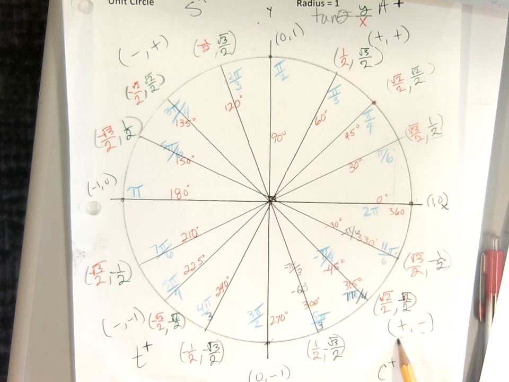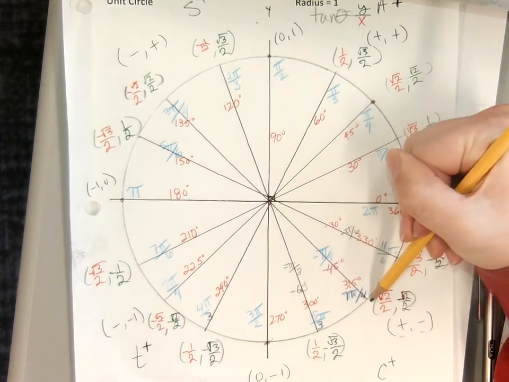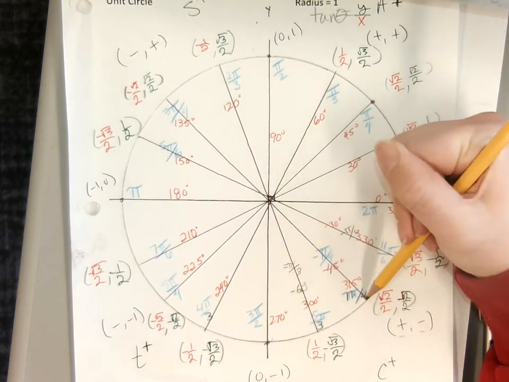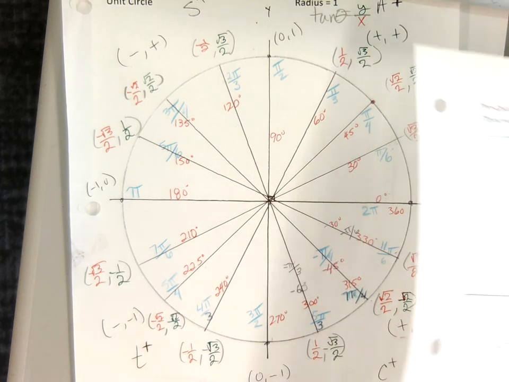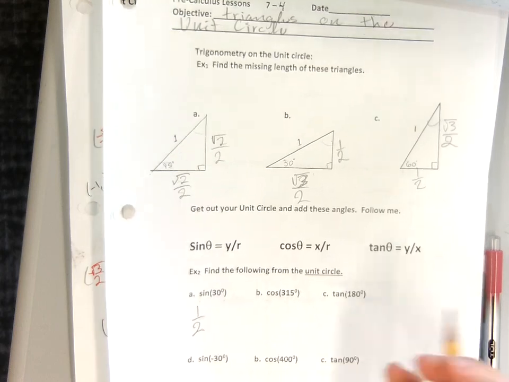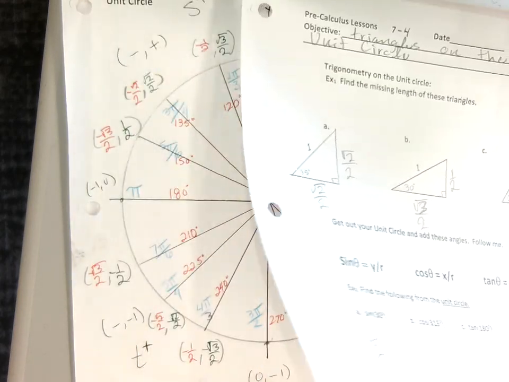In the fourth quadrant, the x value is positive. We get a positive root 2 over 2. It's at a 45-degree angle. 270 plus 45 is 315. So cosine of 315 is root 2 over 2.